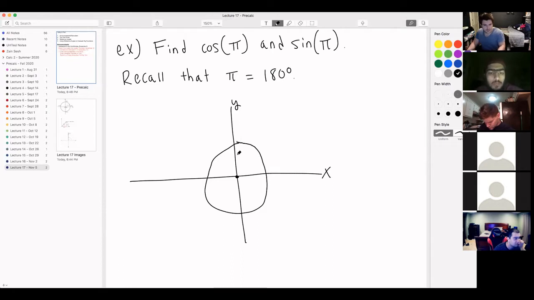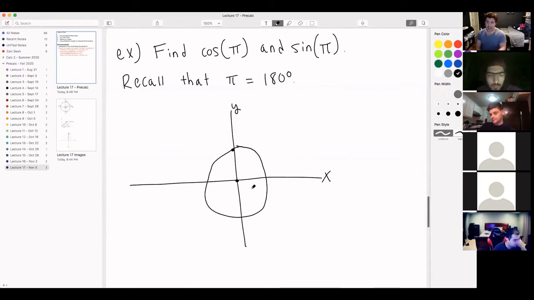Now I would like to travel 180 degrees and see what point on the unit circle we get to. 180 degrees is like that. Here is the 180 degree angle, and it looks like we're corresponding to precisely this point on the unit circle.